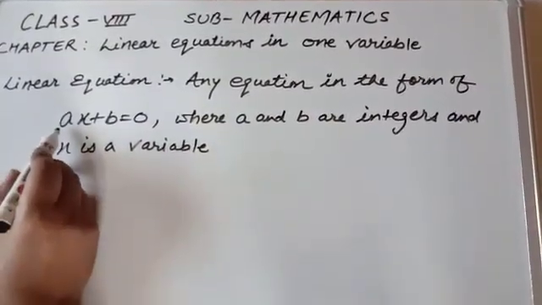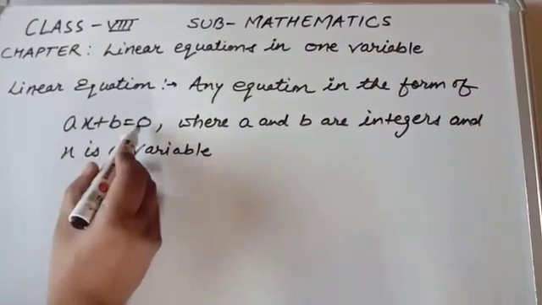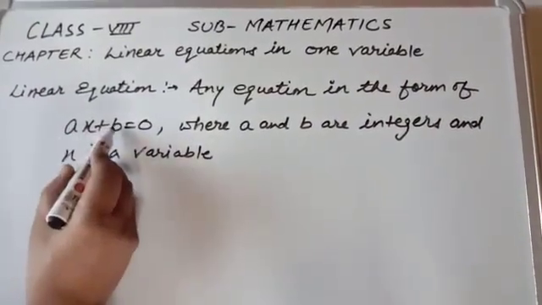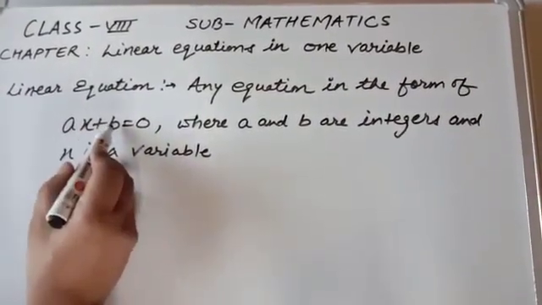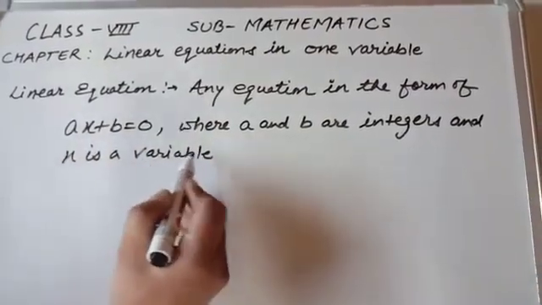So any equation in the form of ax plus b is equal to 0 where both a and b are integers, whether positive or negative, and x is a variable.